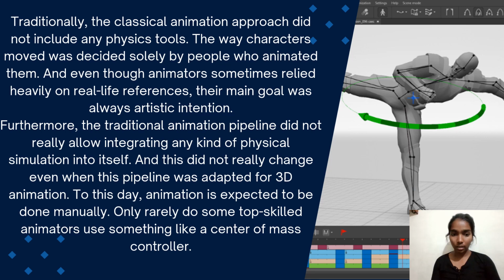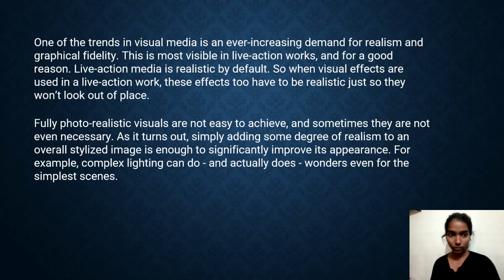Furthermore, the traditional animation pipeline did not really allow integrating any kind of physical simulation into itself, and this did not really change even when this pipeline was adopted for 3D animation. To this day, animation is expected to be done manually. Only rarely do some top skilled animators use something like a center of mass controller.